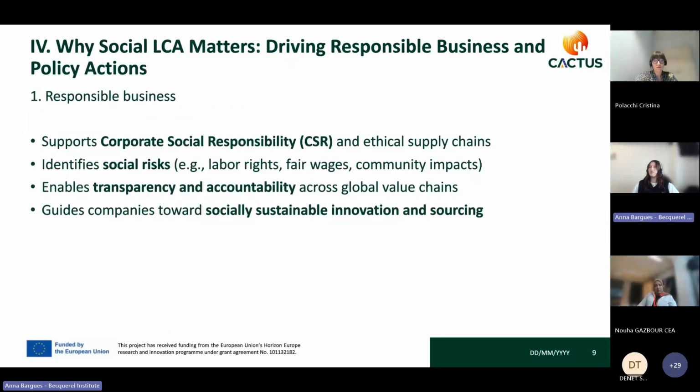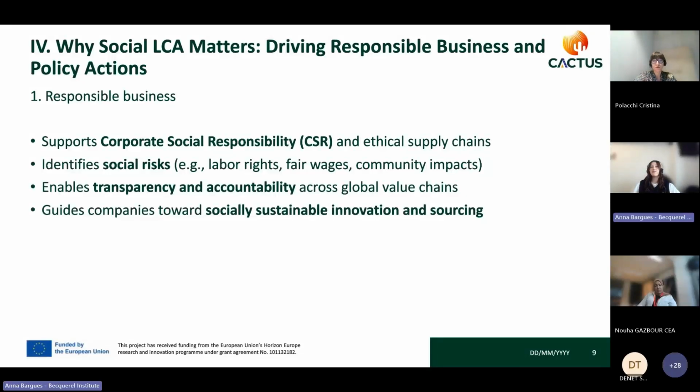Now, to answer the question why social LCA matters, first regarding the business side, social LCA plays an important role in supporting responsible business practices. It contributes to corporate social responsibility, so CSR, by identifying labor, human rights, and community-related risks all across the supply chain.